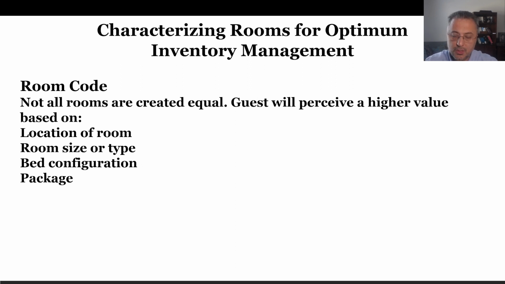Following the book, we will focus on location. For example, an ocean view room will have more value in the eyes of the guest. Room size or type: larger rooms are usually considered more valuable. Bed configuration, we just talked about it, plays a very important role and dictates the number and sizes of beds. Packages could also be considered in this case.